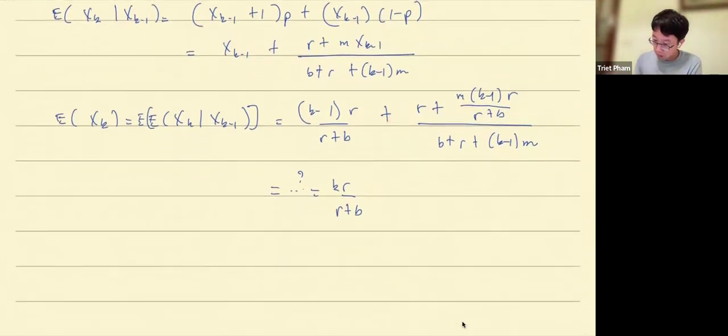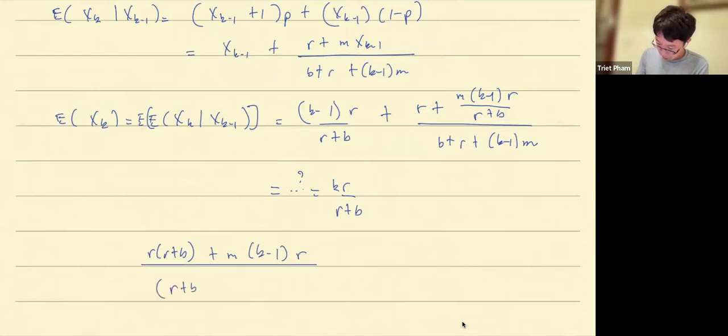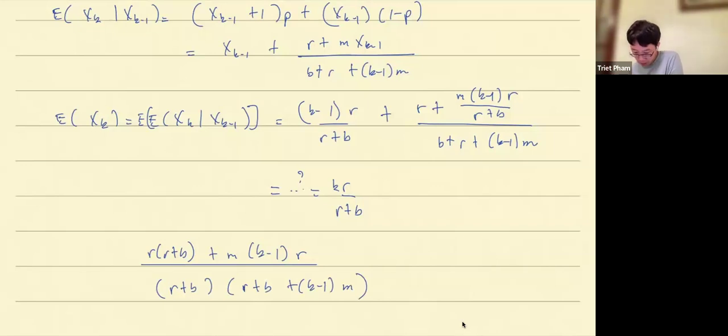So this is the common denominator: r times r plus b plus m k minus 1 times r, over r plus b times r plus b plus k minus 1 times m. So let's see. Yes, luck is on our side.